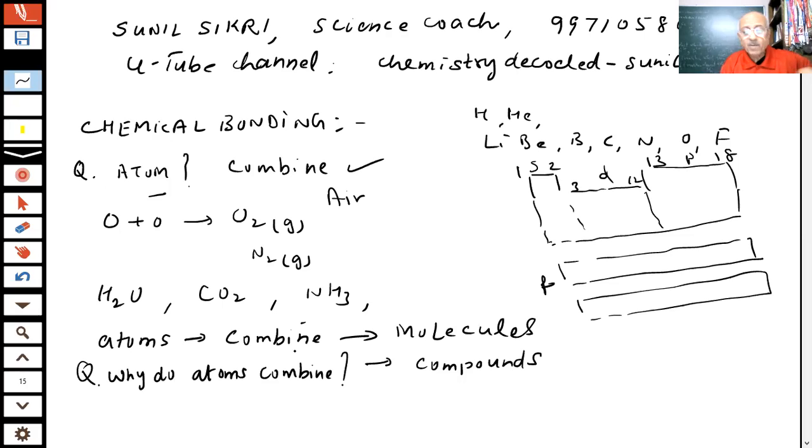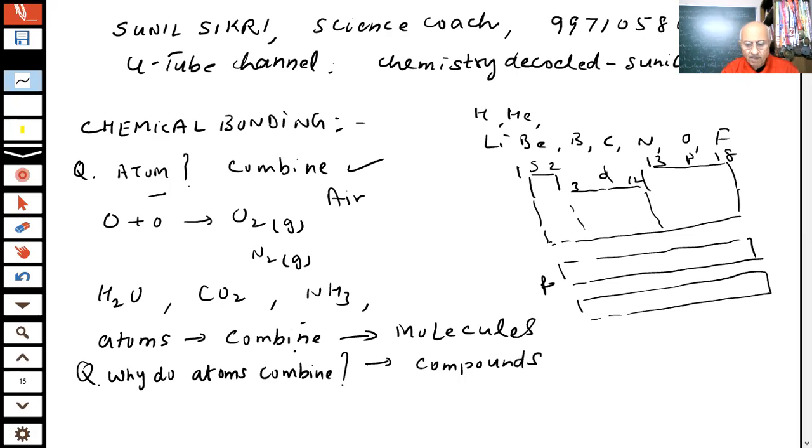Now, the question is what is stable and what is not stable? In terms of energy, in physics, in chemistry, in science, everything wants to go to a lower energy state, minimum energy. Atoms want to be stable, which means they want to have minimum energy. Atoms will combine in order to lower their energy.